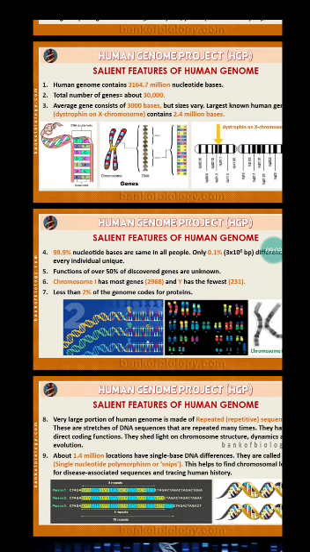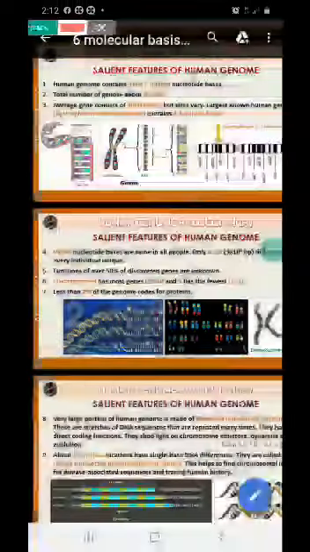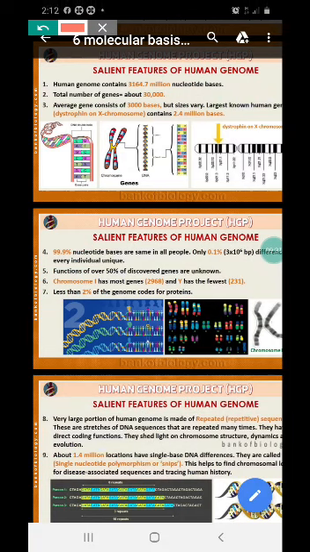Okay, and the average gene, that is the smallest of the genes, consists of how many bases? It consists of 3,000 bases nearly, and the largest known gene in human being is about 2.4 million bases, which codes for dystrophin protein.